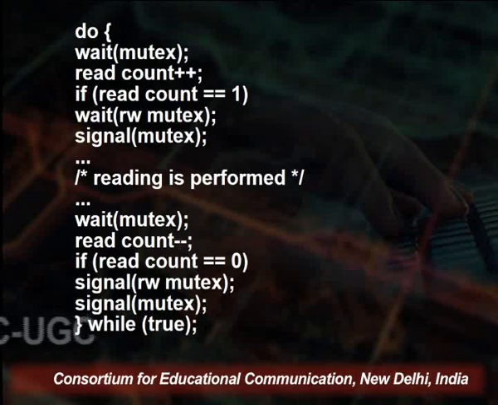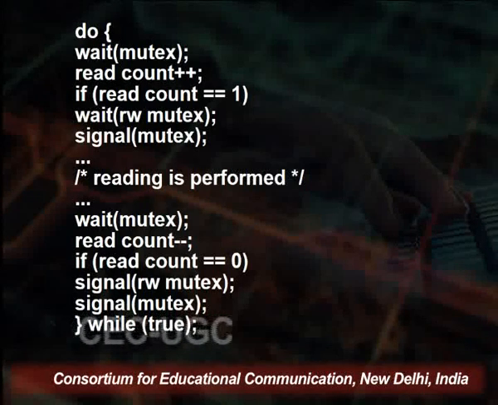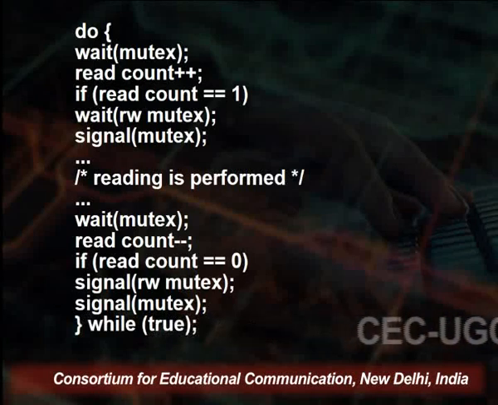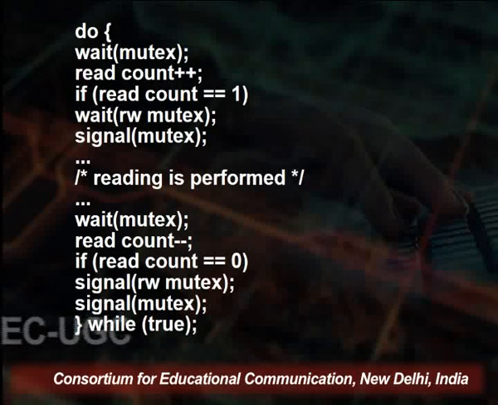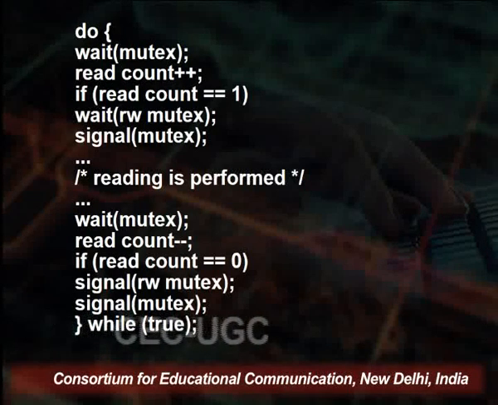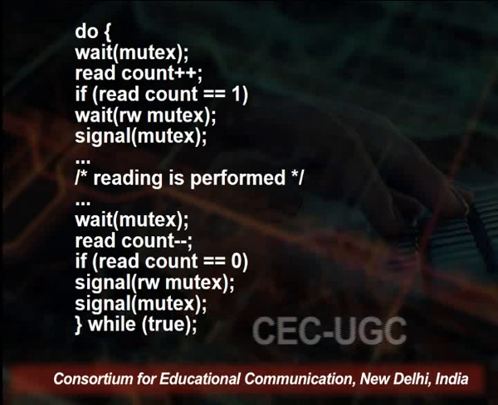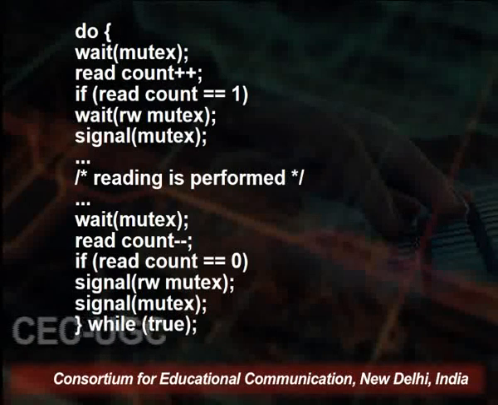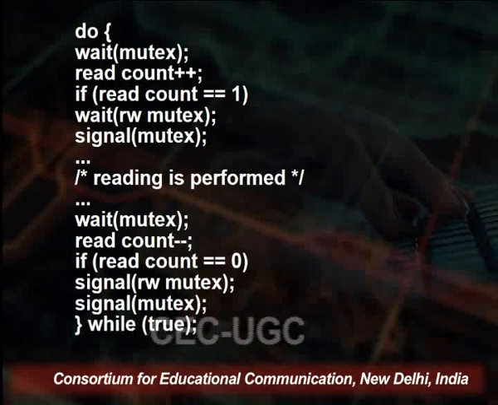So we have incremented the read count, read count plus plus, and if read count equals 1, then we can acquire the RW mutex with the help of wait, and then we also release the mutex with signal.